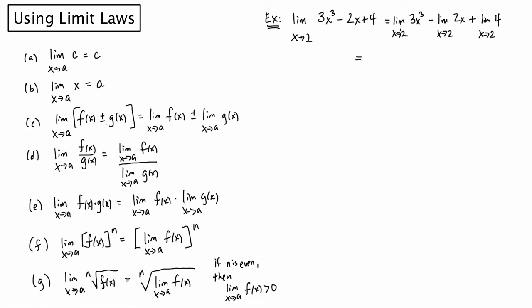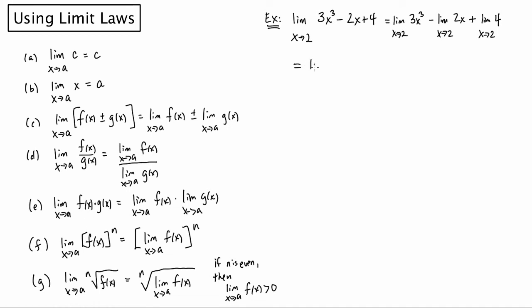Then if we look here, the limit as x goes to 2 of 3x cubed. The way that this works is limits can go inside of the scalar and they can go inside the exponent. So this is equal to, we've got the limit of 3 times x cubed using the multiplication property, that's a product.